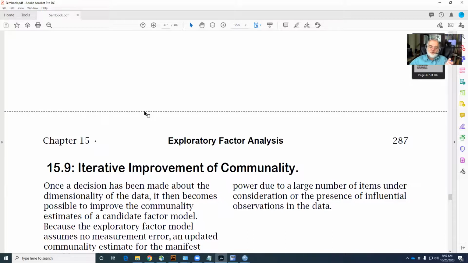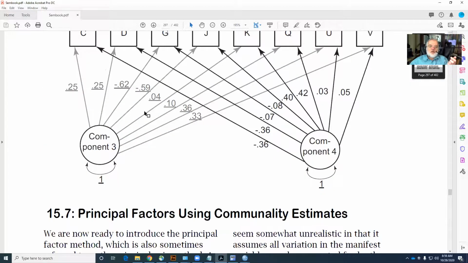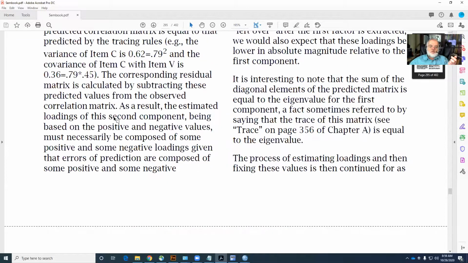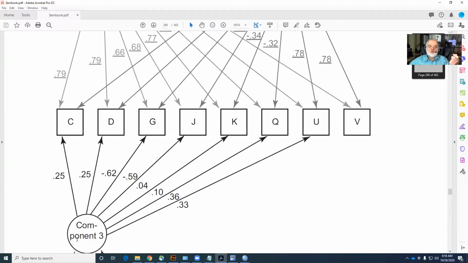And we know by the tracing rules that if we come up here to a factor solution, the communality of this variable is 0.79 times 1 times 0.79 plus minus 0.35 times 1 times minus 0.35 plus 2.5 times 1 times 2.5, for example. And that's going to be a number that's different than the squared multiple correlation. So what we'll do in our next topic of iterative improvement of communality is we're going to use the numbers from our factor analysis to update the communality and redo the factor analysis.